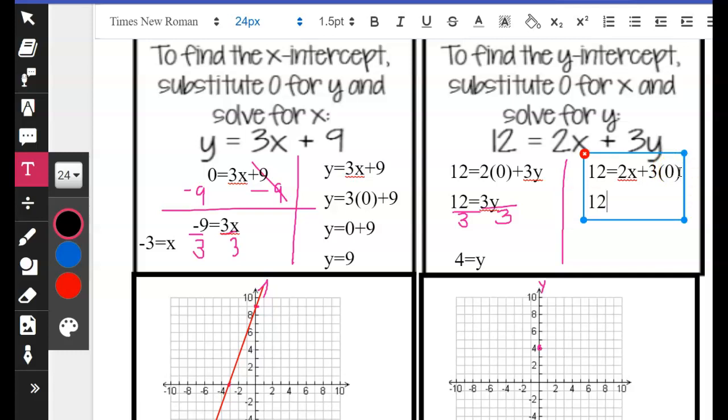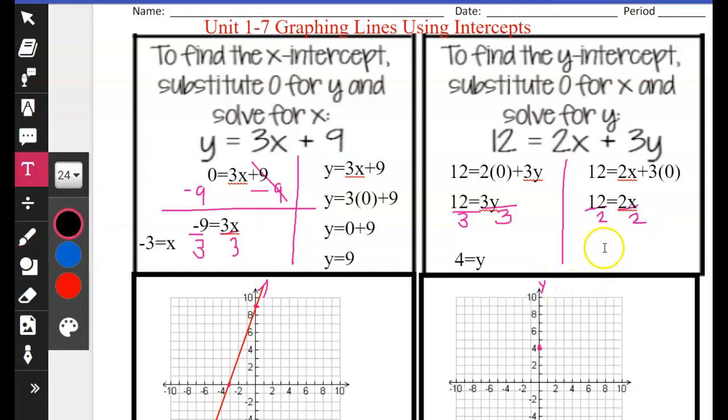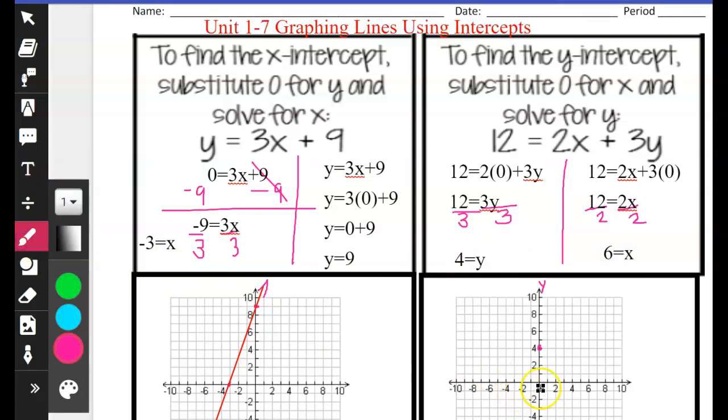That's going to give me 2x plus 0. 3 times 0 is 0, but when I add 0, I just get 2x. In order to solve this, I need to divide both sides of this equation by 2, and so 6 equals x.